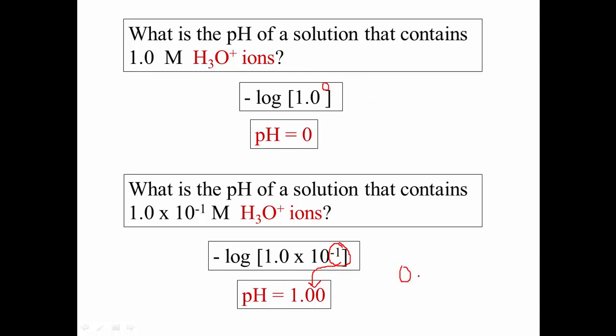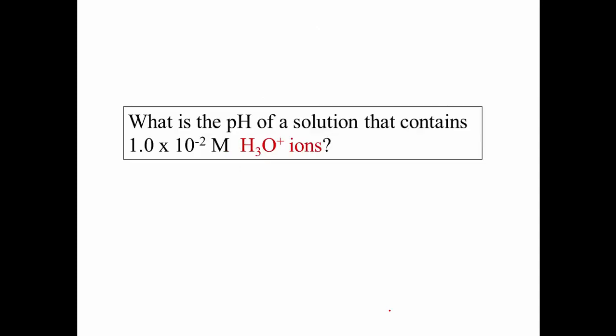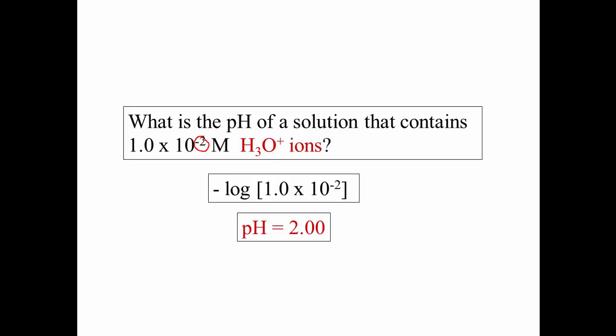If you've got 0.1, if you're not writing it in exponential notation, then you're not going to necessarily see that this exponent becomes that pH. Let's do a few more. What's the pH if you have 1 times 10 to the negative 2? Well, if you're following the pattern, that's going to give you a pH of 2.